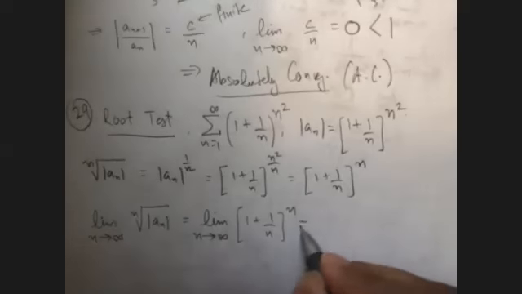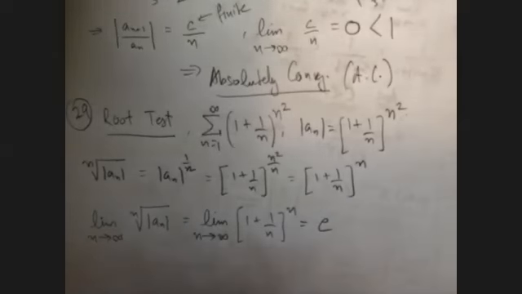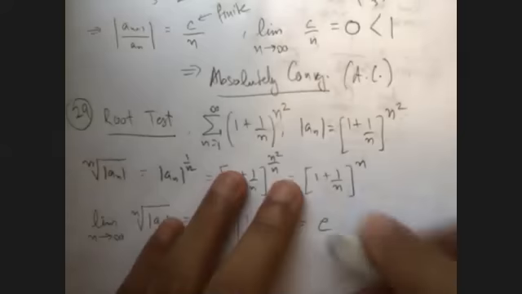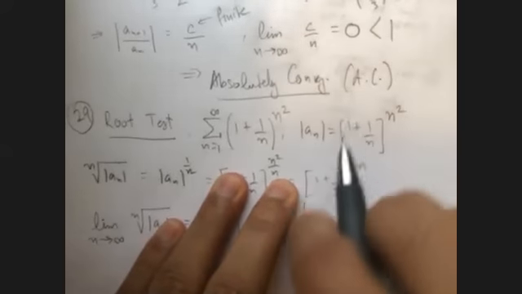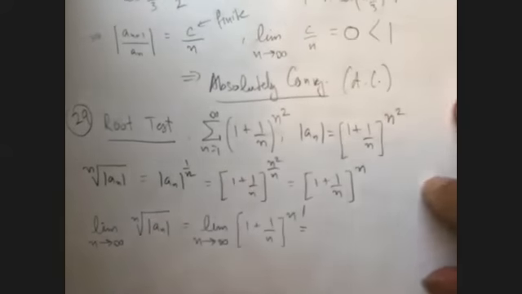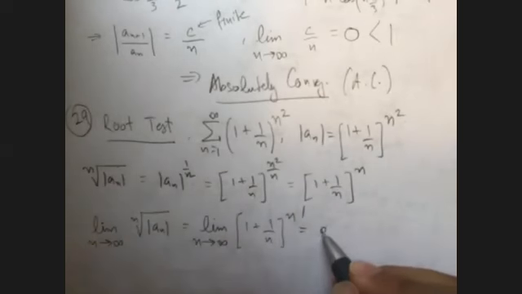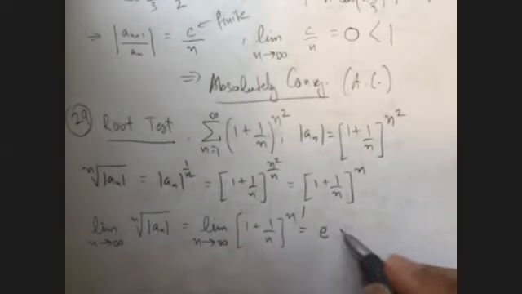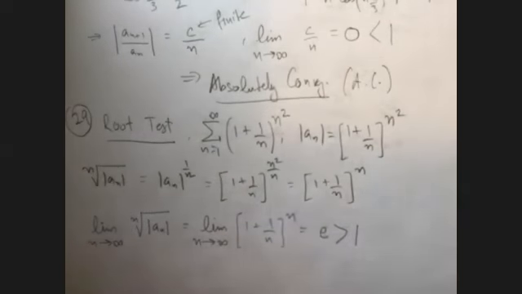So this limit turns out to be e, which is greater than 1. And how is this e? We've derived it before. So greater than 1 would mean divergent.